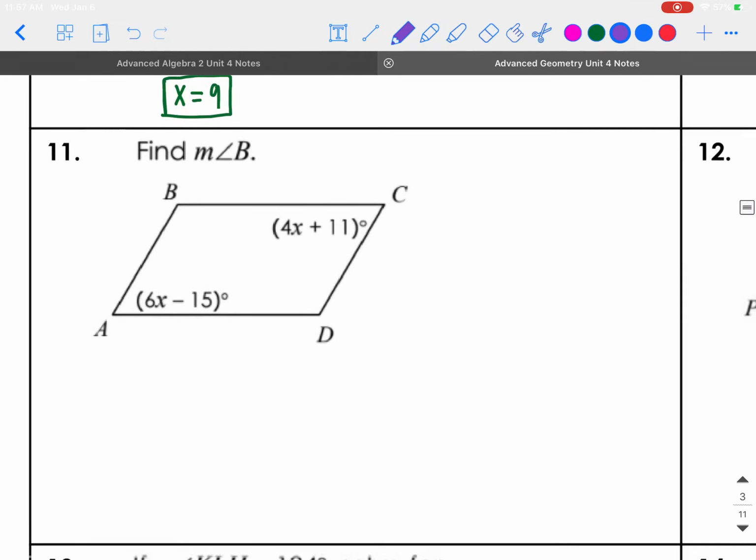Number 11, we are given information about opposite angles, and we know that opposite angles are congruent. So let's set 6x minus 15 equal to 4x plus 11.